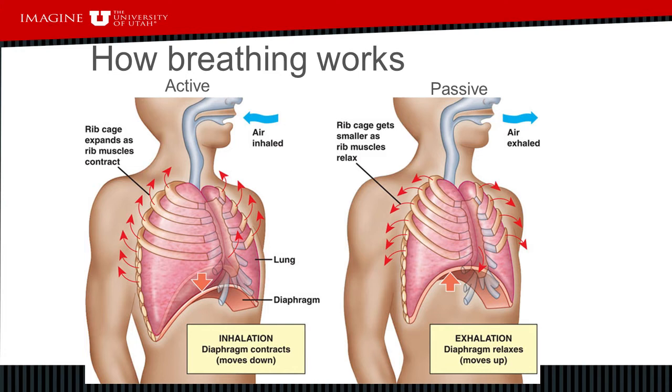There's also a diaphragm, which is a large flat muscle which separates the chest wall from the abdominal cavity. That diaphragm moves down as it contracts to help those lungs pull open as well. And then there's a passive phase of breathing where the diaphragm relaxes and those rib cage muscles relax as well, and the air in your chest gets exhaled.